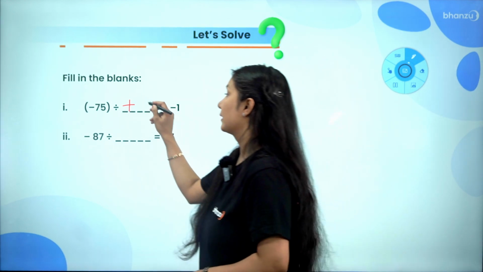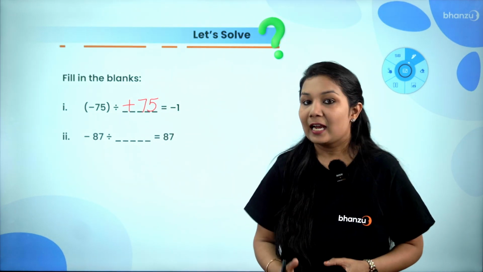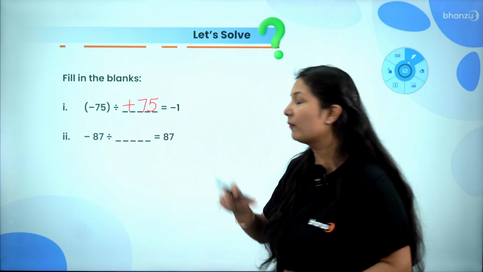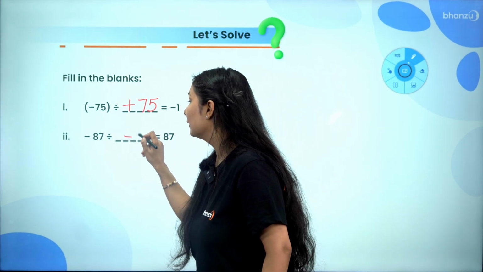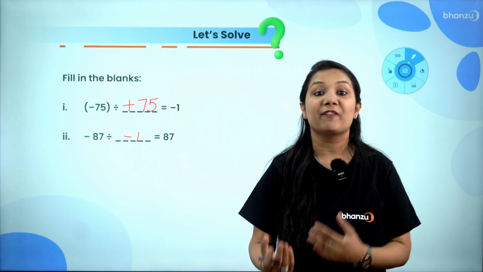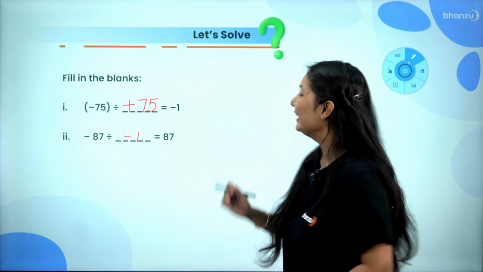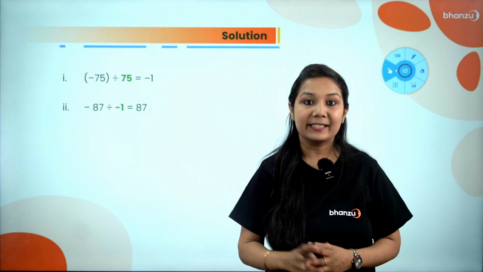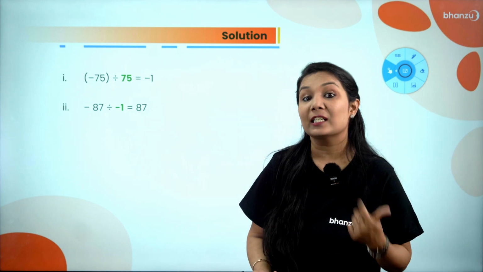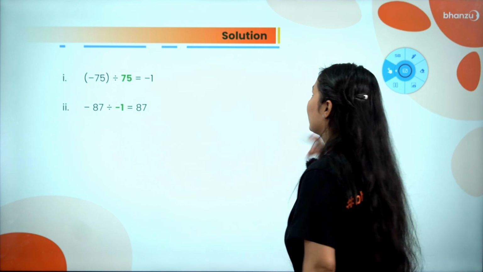The number itself, so over here it's +75, right? And -87 divided by which integer would give me +87? That is -1. A negative integer divided by a negative integer gives a positive quotient, right? These are the answers, same concepts we did in the previous session.